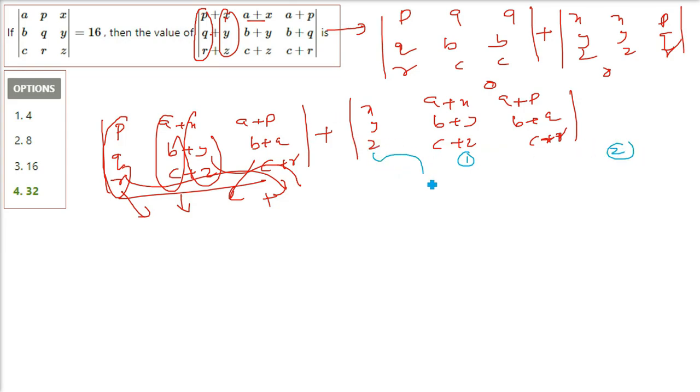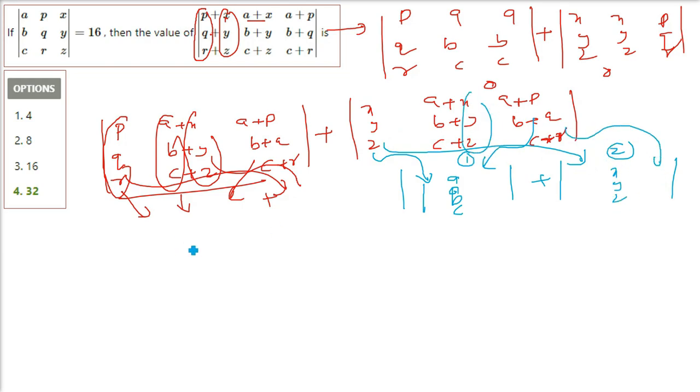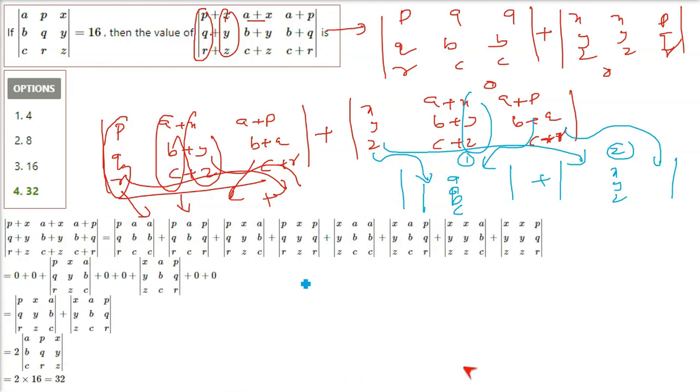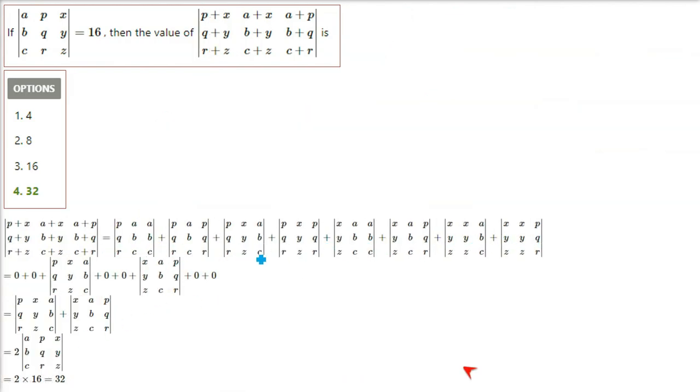It will be X, Y, Z in the first column, A, B, C will be the second column, first column same A, B, C, and the third will be A plus B, B plus Q, C plus R. And then we have X, Y, Z will remain like that. Here you will get X, Y, Z in the second column, and A plus B, B plus Q, C plus R. So you need to open it all the way, and that is how this whole opening will take place. I hope you got the idea. This is how we get it open.